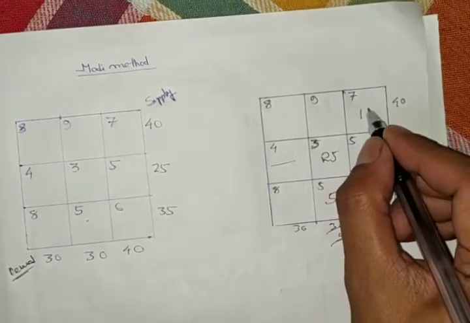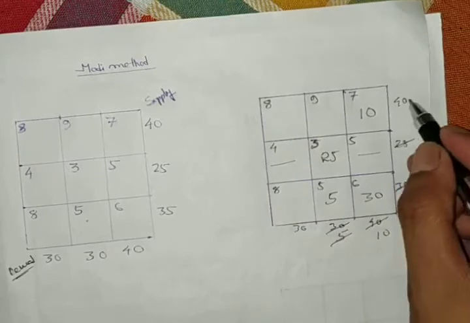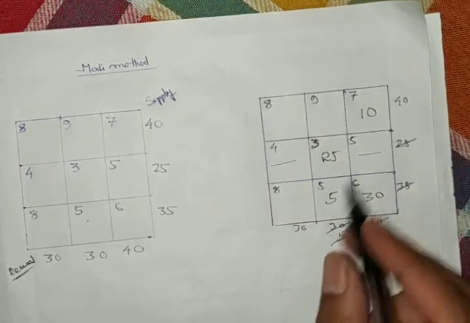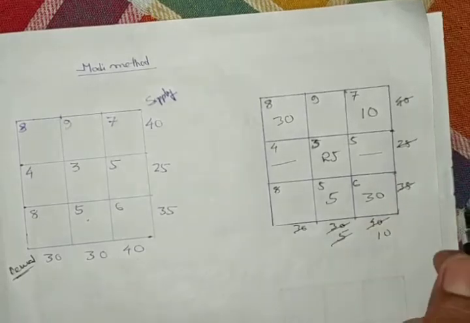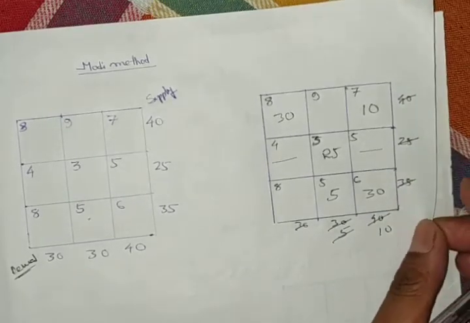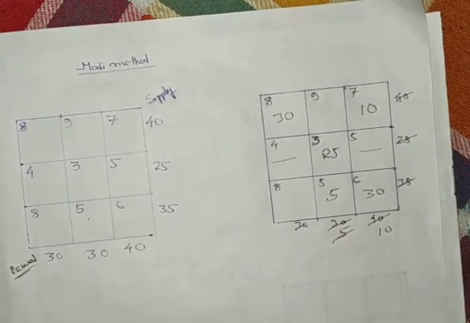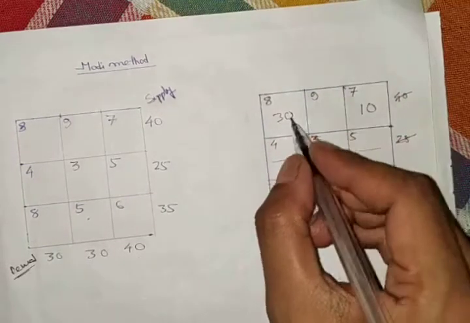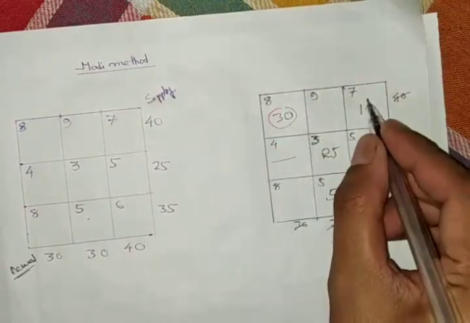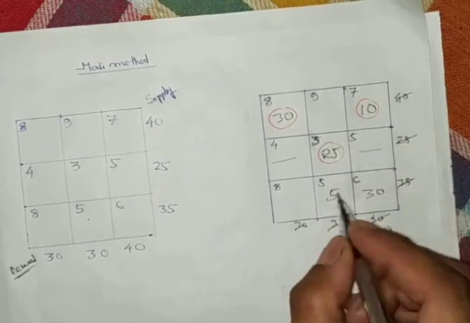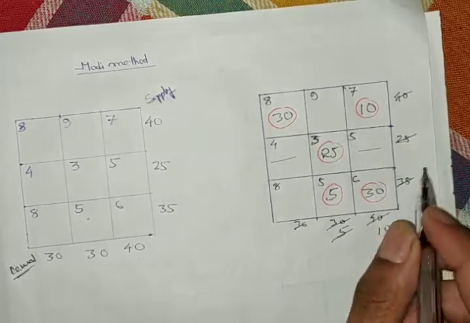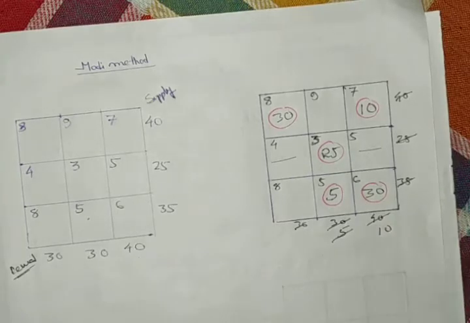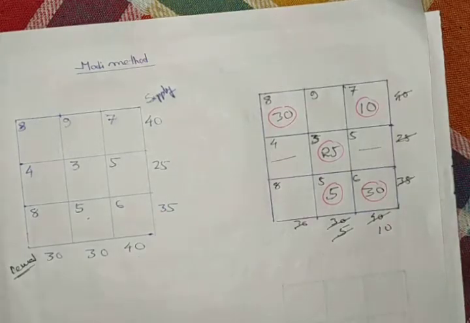Then 10 I can put here, and I can put 30 here, so all will exhaust. So ultimately we are getting an initial basic feasible solution: 30, 10, 25, 5 and 30. Here we have to check.